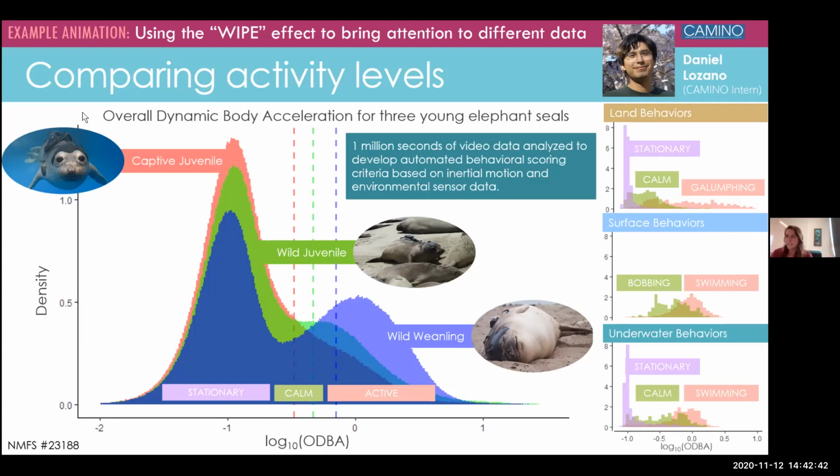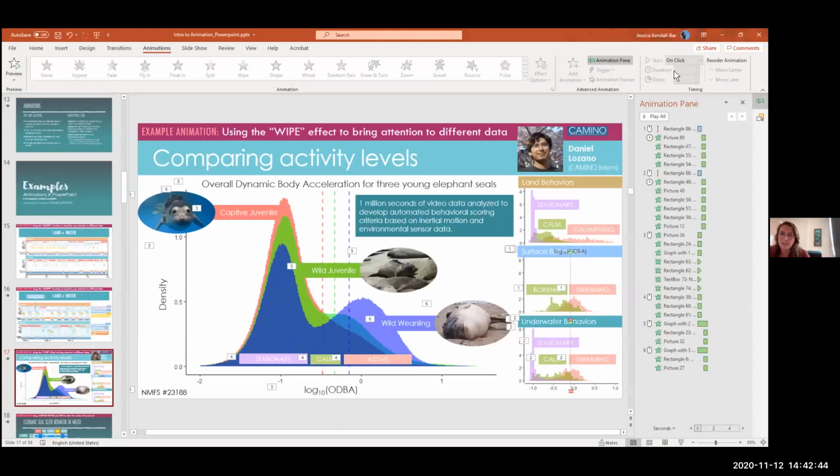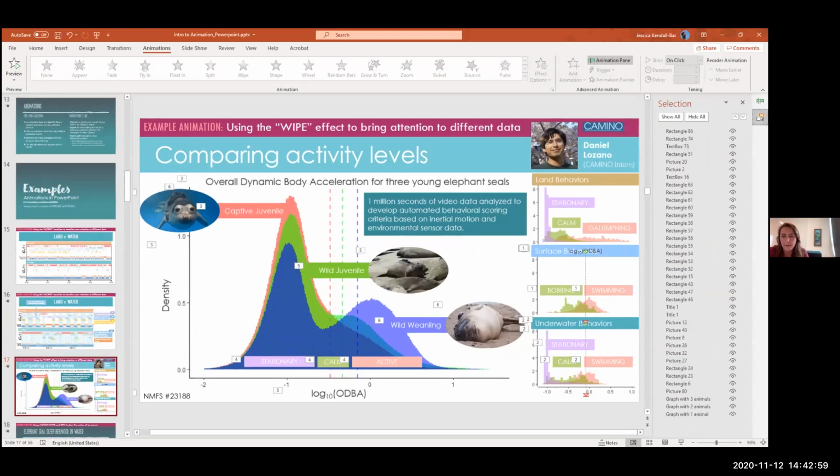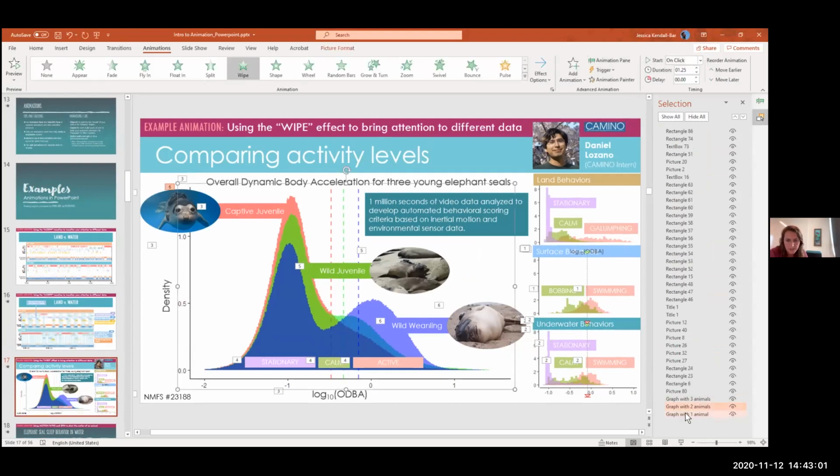So the way that I did this is, this is my animation pane. You can see each click, there's 6 clicks that I did for this slide. And if I go to the selection pane, I can see that there's 3 different graphs at the very bottom.